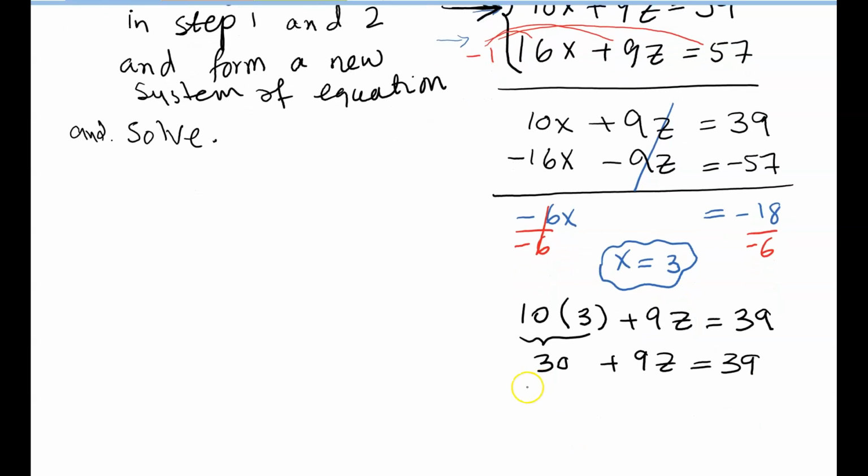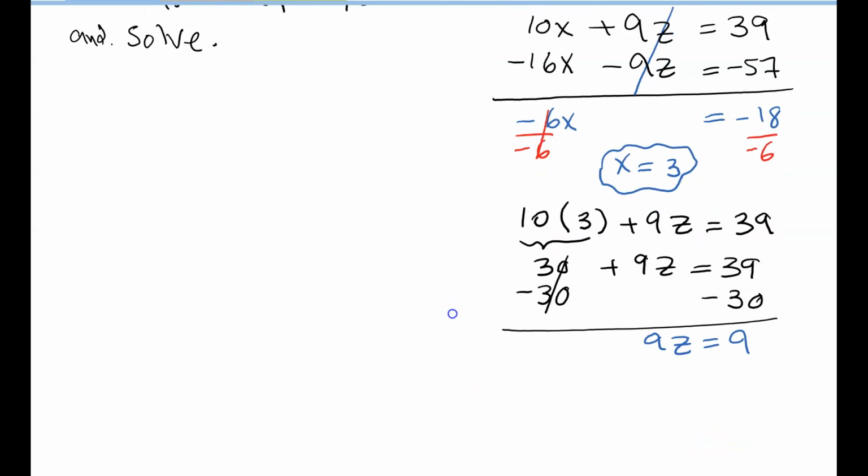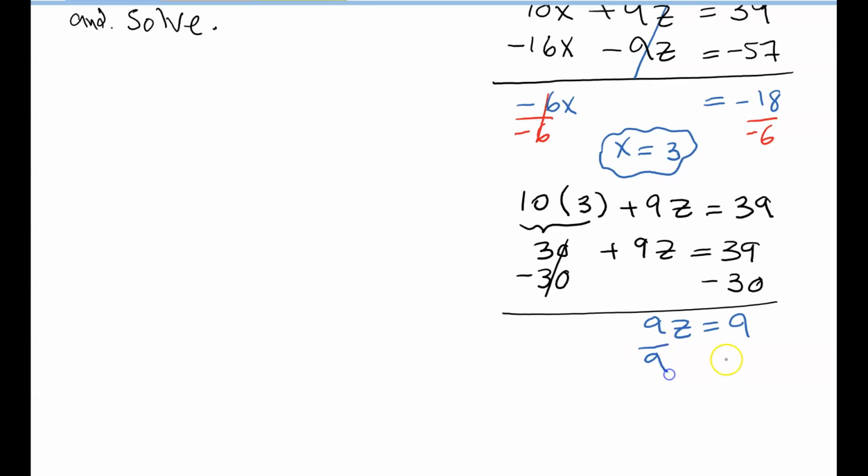So from here, I'd subtract 30 from both sides. So 9z is equal to 9. Dividing both sides by 9, z is equal to 1. So that's the second one.